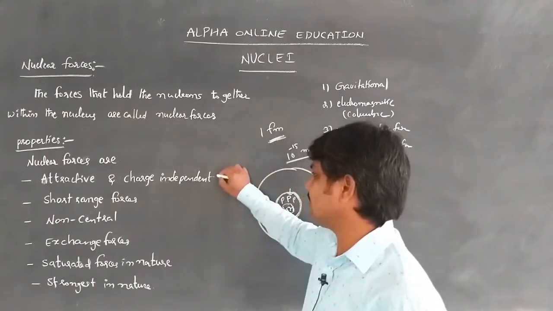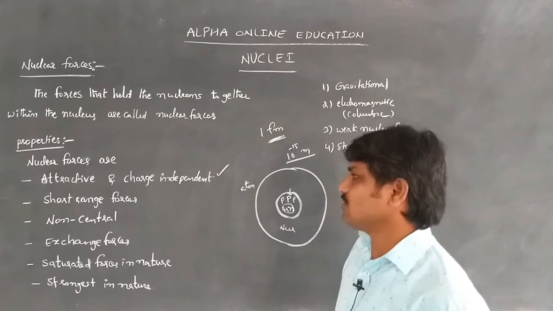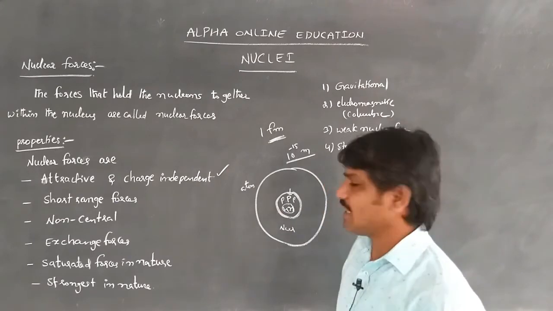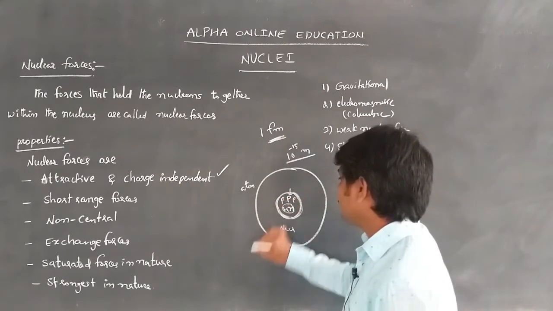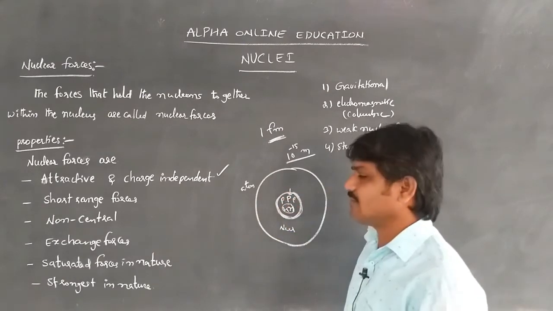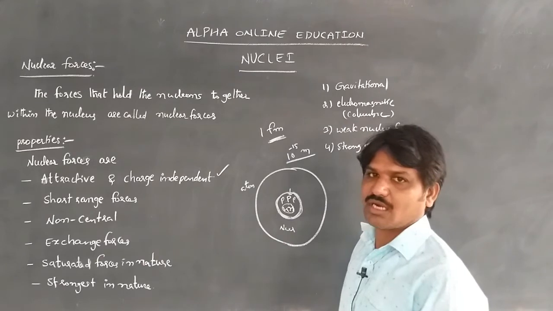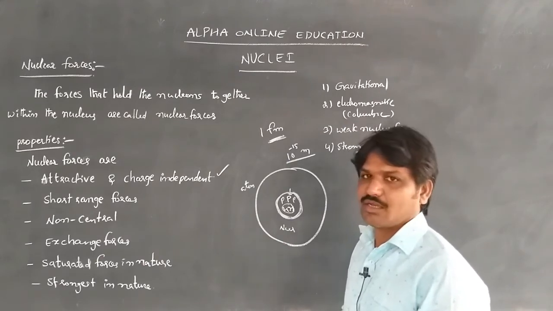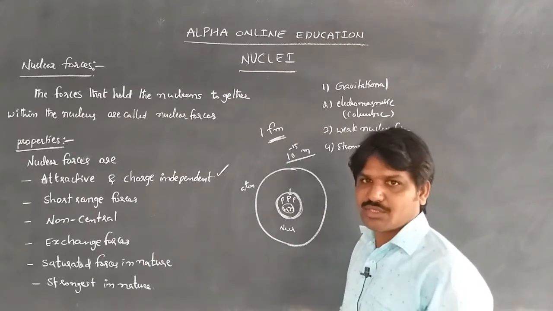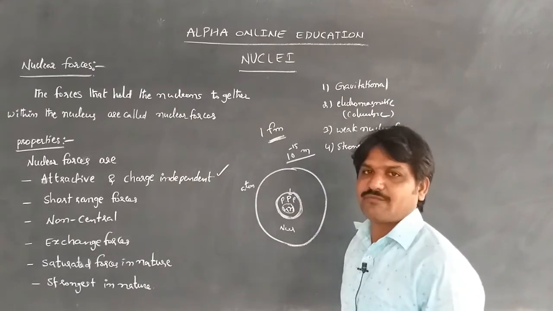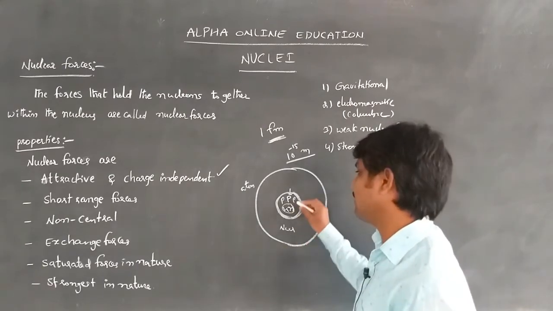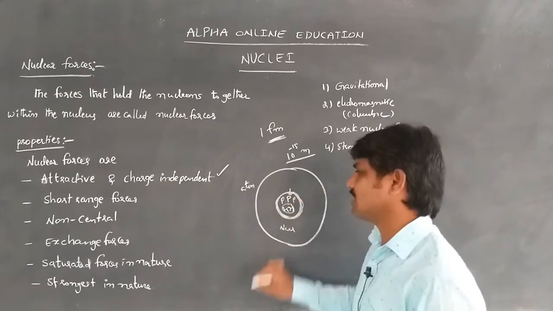The first one is attractive and charge independent. Attractive means that due to the attractive force between the protons and neutrons, the nuclear force acts between proton and neutron, between proton and proton, and between neutron and neutron. That is why the protons and neutrons can stay together in the nucleus.